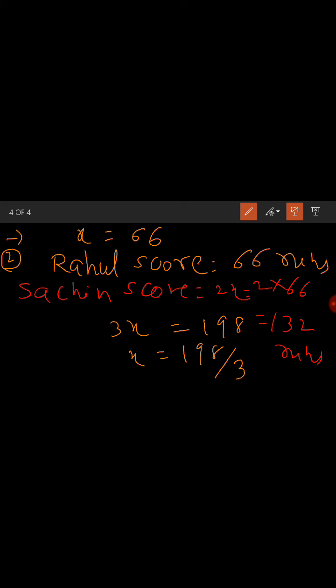So how much did Sachin score? 2x equals 2 into 66, multiply it and you will get the answer as 132 runs. Students, you can continue and copy this in your notebook.